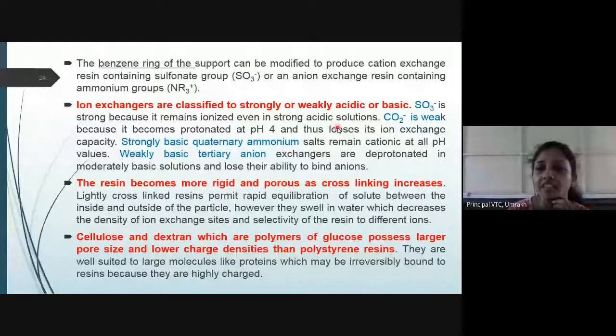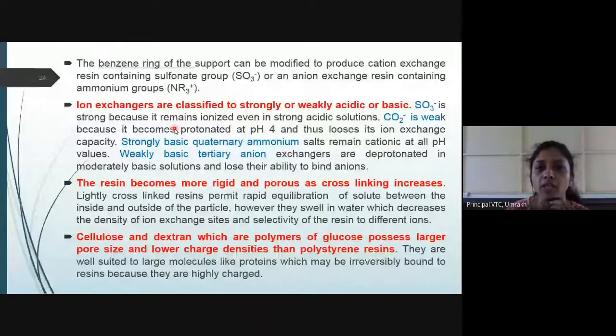If there is an SO3 minus group present, that will be a strong ion exchanger, because this SO3 group remains ionized even in the presence of a very strong acidic solution.